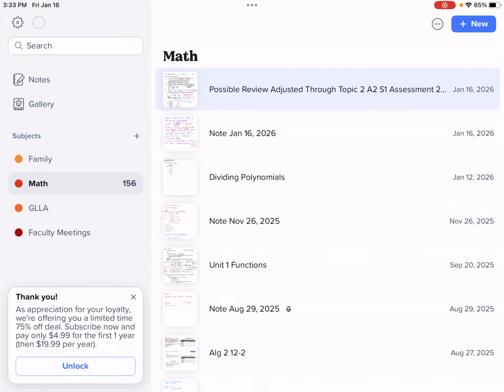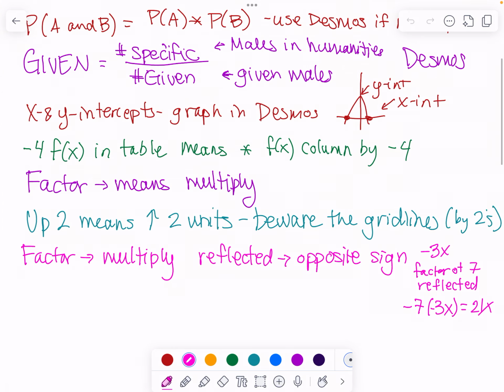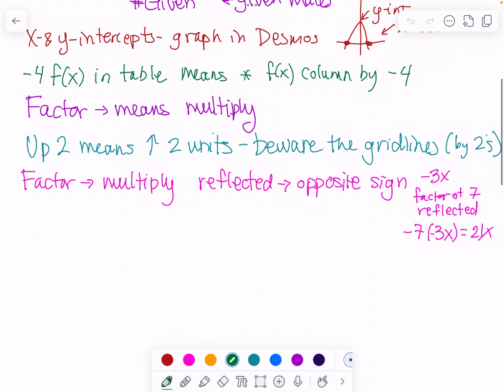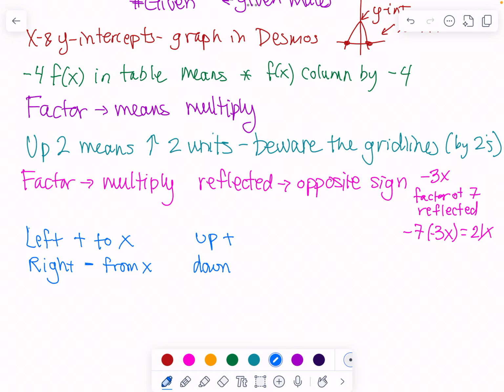And then on my notes, I would put something like: left means add to x, right means subtract from x, then up means just add, down means subtract.